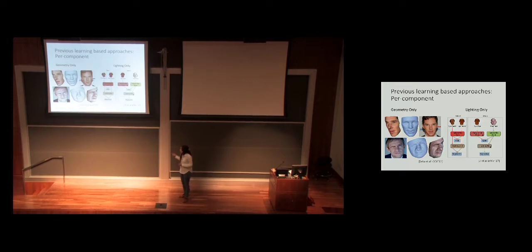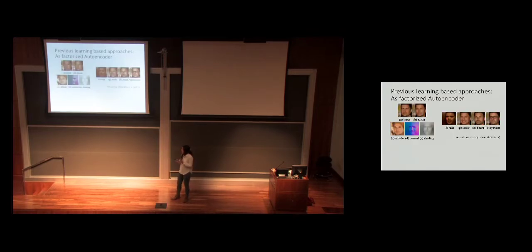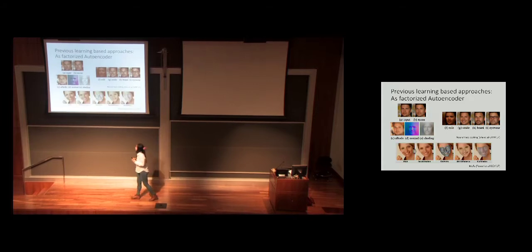There are methods that solve for all components like we do, as a factorized autoencoder scheme. This is very close to our work from CVPR 17, but it was used for image editing and wasn't evaluated as a method to get the geometry because it's quite blurry.